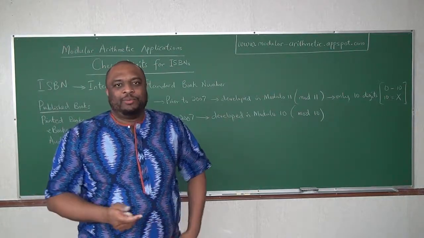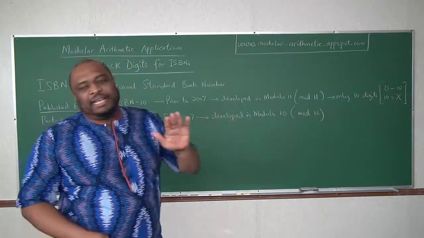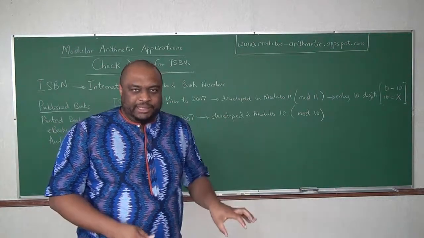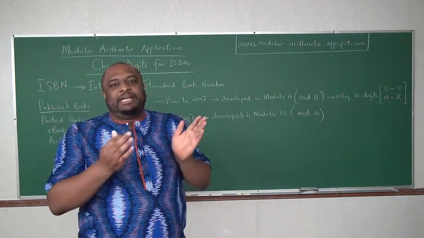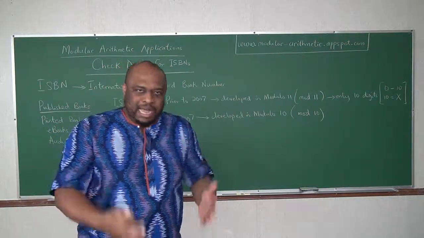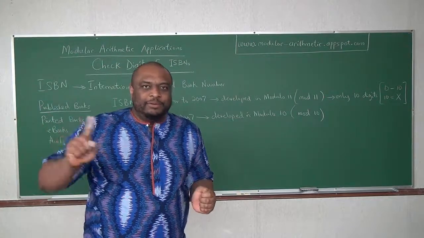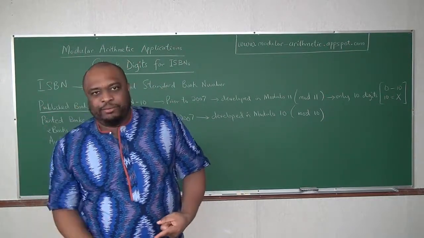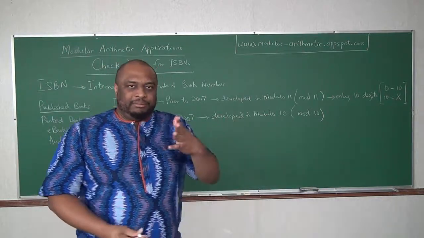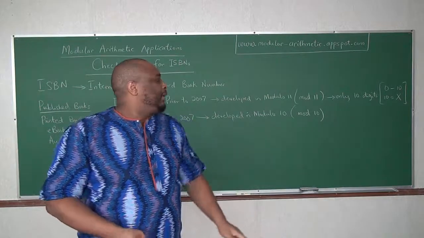Do you understand what I'm saying? ISBN 10 is developed in mod 11, which means that the numbers 0 through 10 are allowed. Once it gets to 11, it starts to wrap around, just like we discussed in the modular arithmetic introduction.